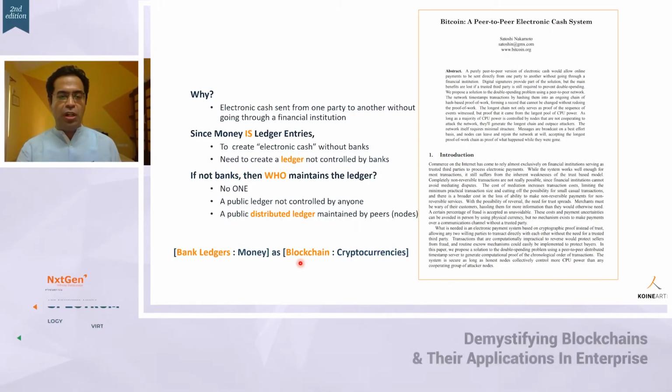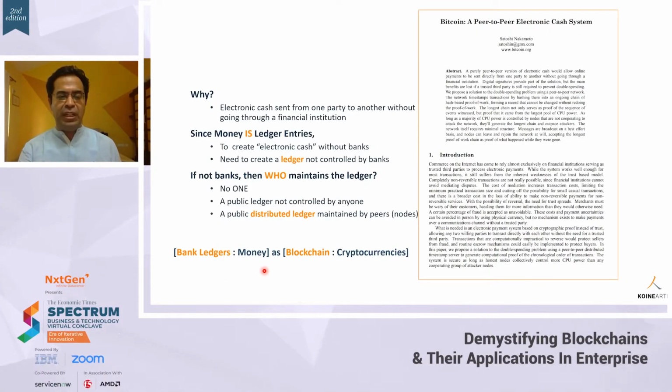So the money that they created was cryptocurrency, which was Bitcoin, and the underlying ledger which they created to store the accounts and the transactions of this new kind of money was the blockchain. So what the bank ledgers are for money, blockchains are for cryptocurrencies.